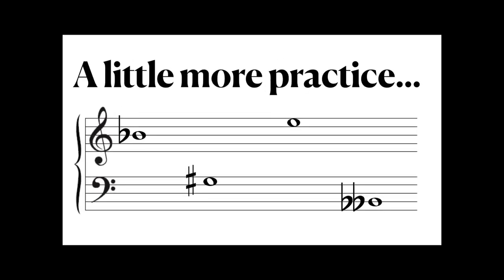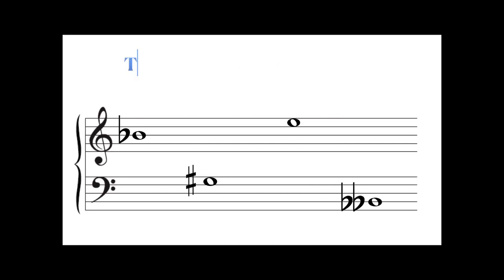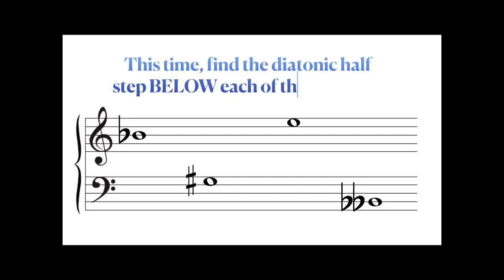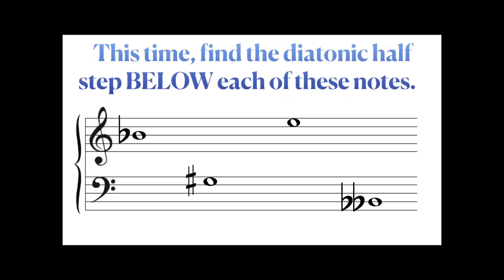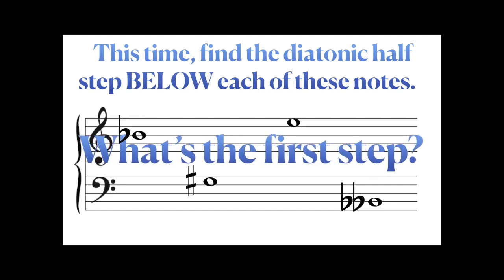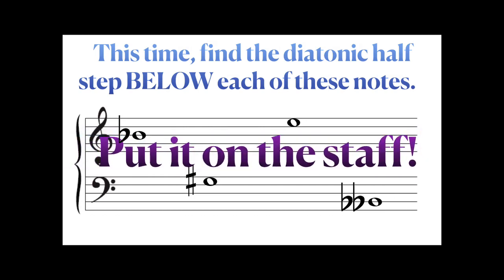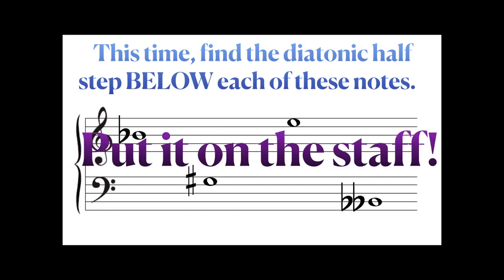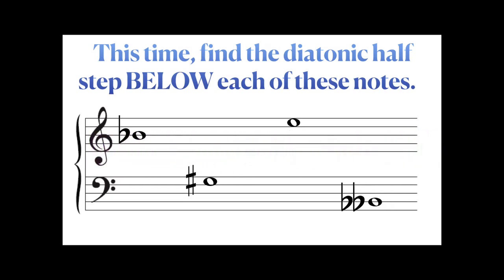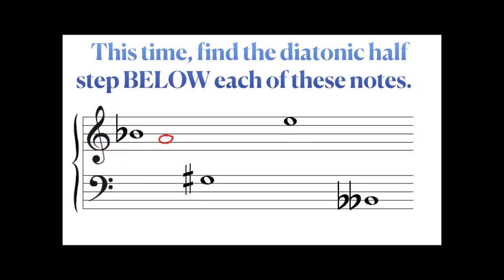Let's do a little bit more practice. This time, find the diatonic half step below each of these notes. What's the first step? By now, you should know the answer to this question. Put it on the staff. So we start by writing in the pitch that is one line or space below each of the pitches given.